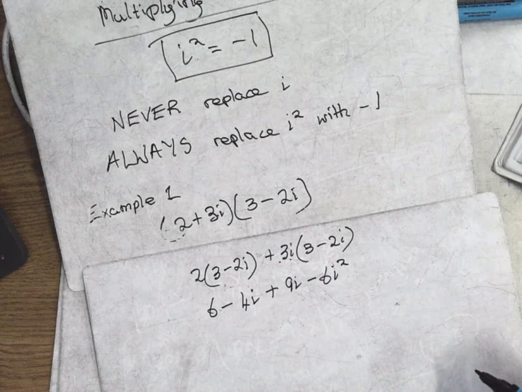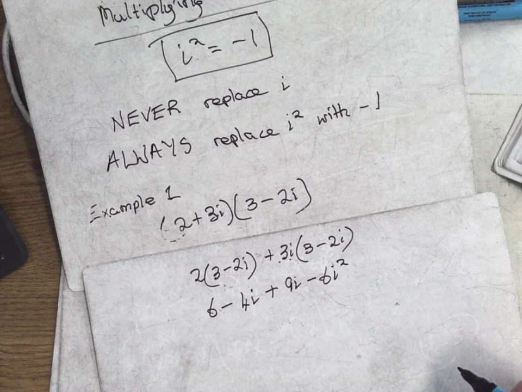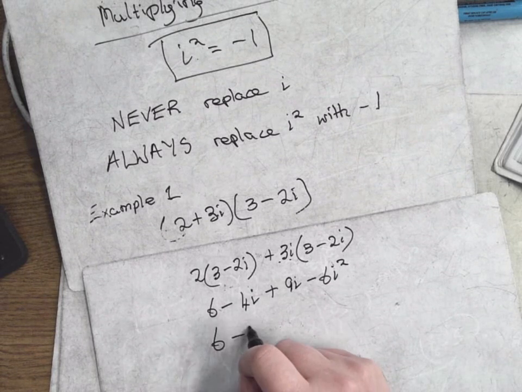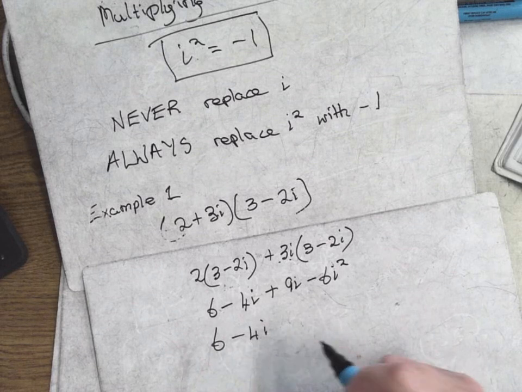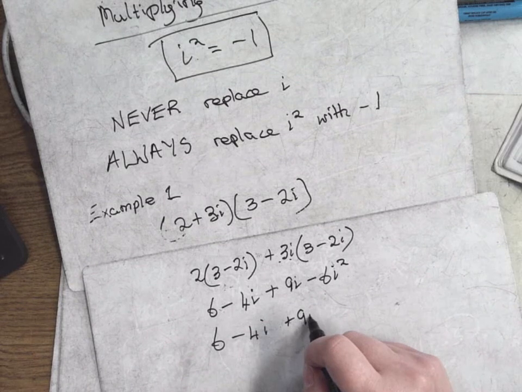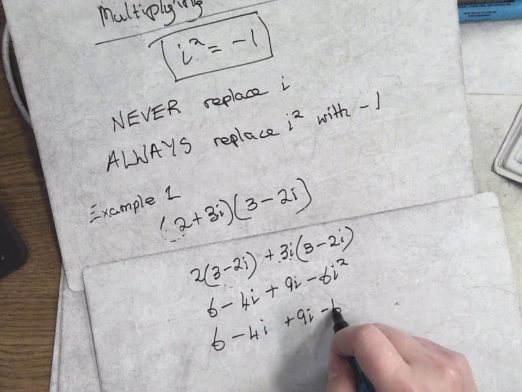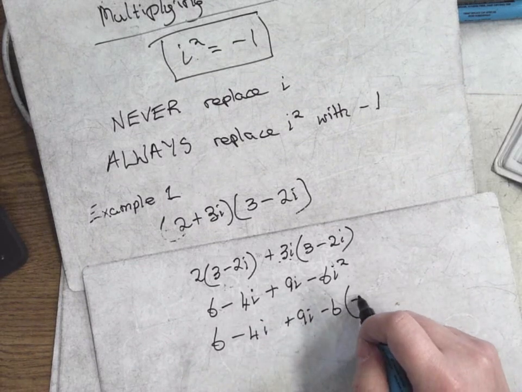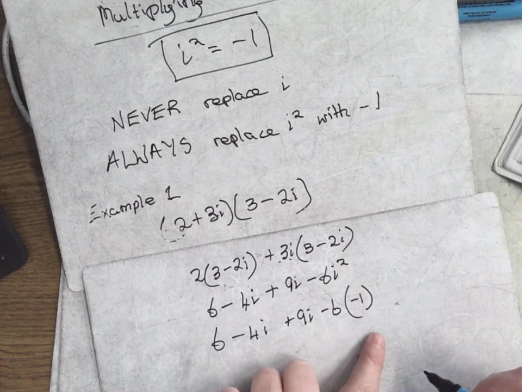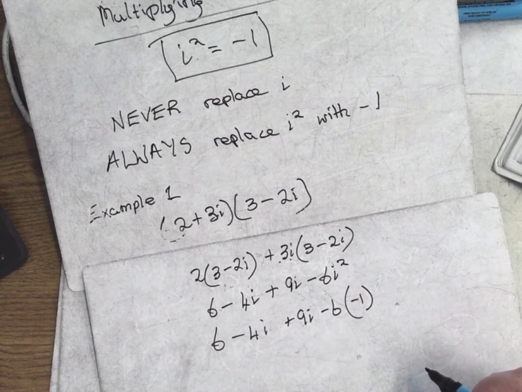Now this is where complex numbers is different to algebra, because why? The minute I see an i squared, what do I replace it with? Minus 1. So that's 6 minus 4i plus 9i. Instead of that i squared, it's going to disappear and be replaced with a minus 1. So it's minus 6 multiplied by minus 1. Is that okay?